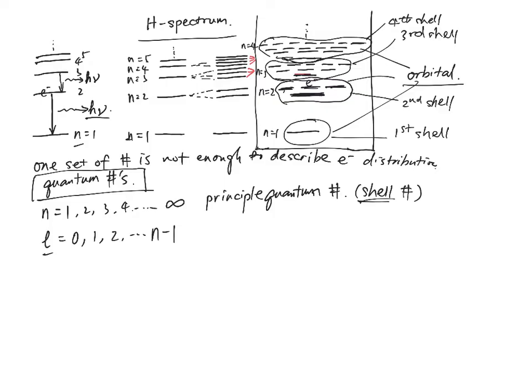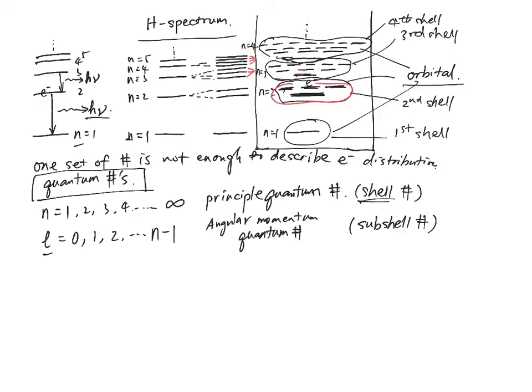This L here we call the angular momentum quantum number, or in other words, we can call it the subshell number.